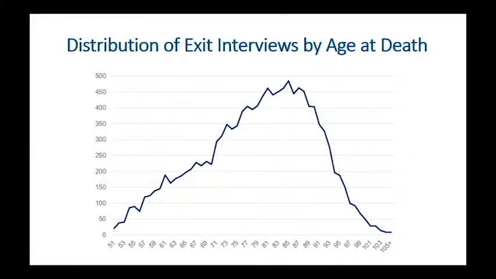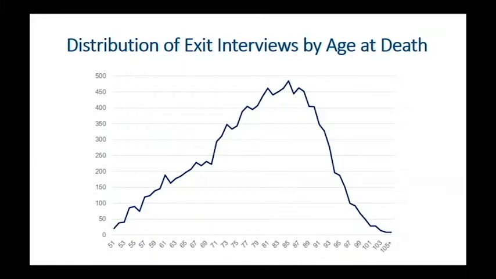HRS does collect exit interviews for any respondent who has died, regardless of age. But most of the deaths occurring to HRS respondents occur in the 70s and 80s. This graphic just shows the distribution of exit interviews that have been collected by age at death of an HRS respondent. There are HRS respondents who die in their 50s and 60s, but the bulk of the exit interviews have been collected for people who died in their 70s and 80s.